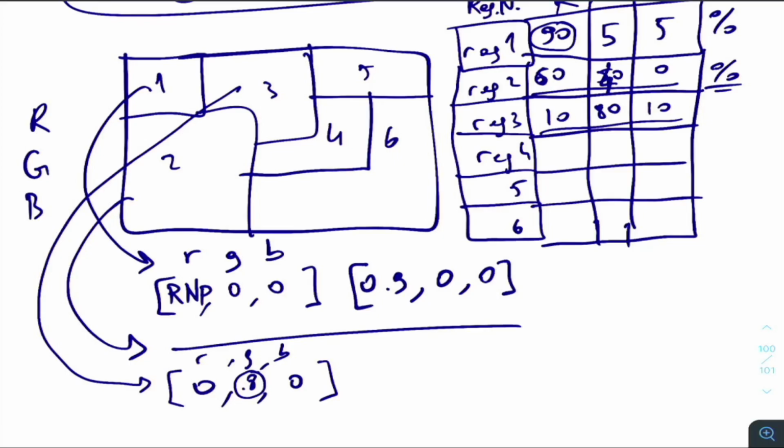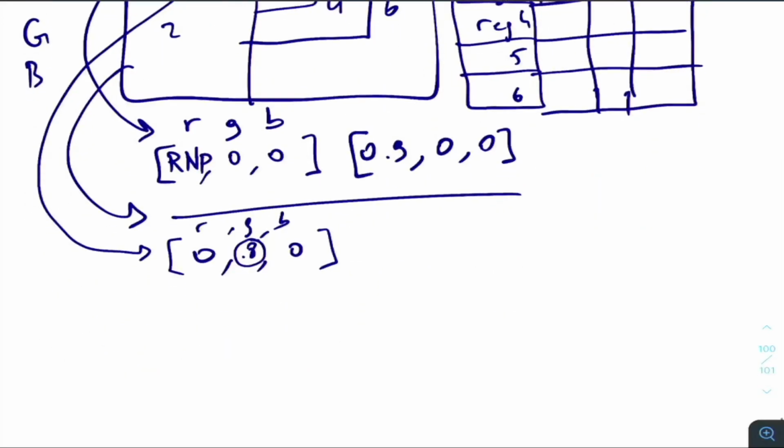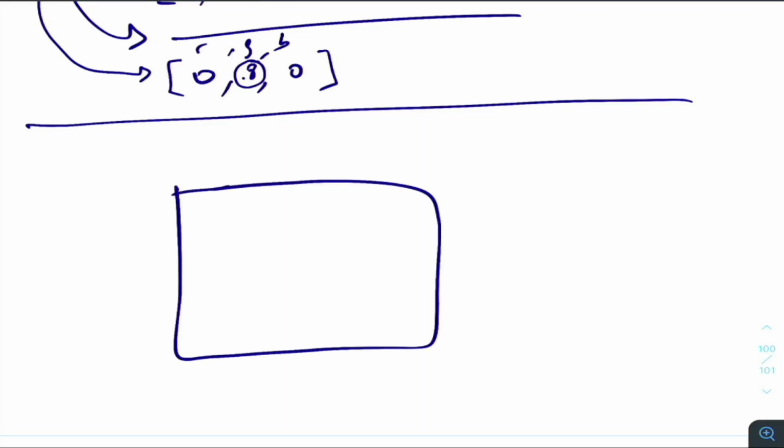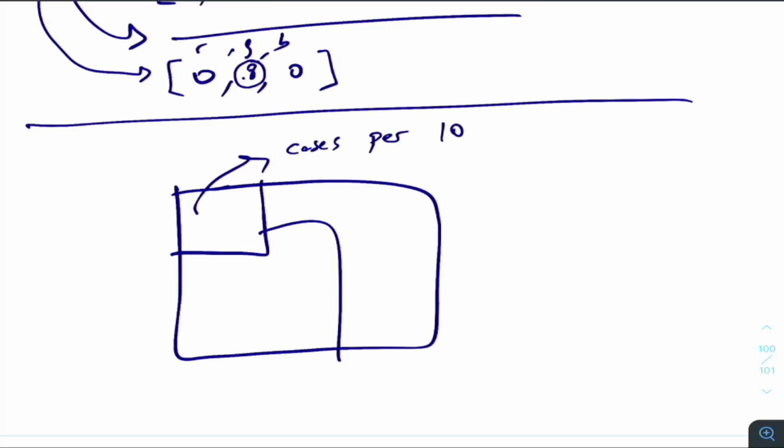Another one would be, for example, today everybody is talking about some virus, right? Let's say this is another country, again region 1, region 2, and region 3, right? And here these are the case numbers, for example, cases per 100,000 people.